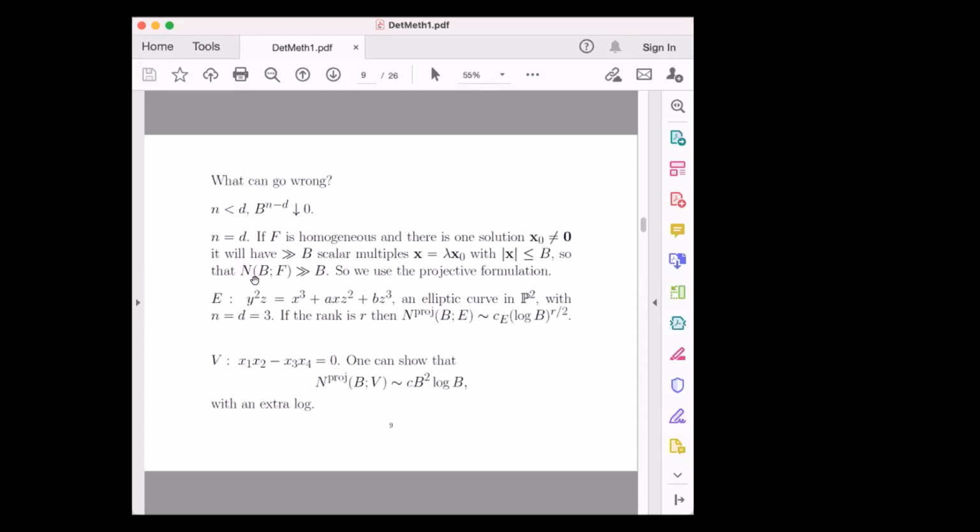So automatically, N(b, f) will be at least of order b. Well, this doesn't require n to be equal to d. This is true in general. And this is the reason that we tend to use the projective formulation whenever we have homogeneous equations.